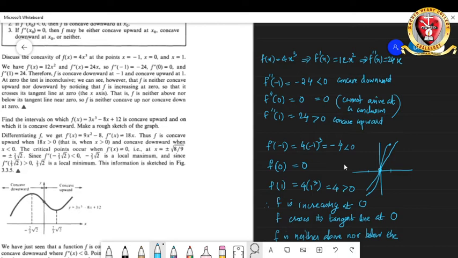That means our function is having a negative value to the left of 0, and then it has a positive value to the right of 0. That is, you can say that f is increasing at 0.